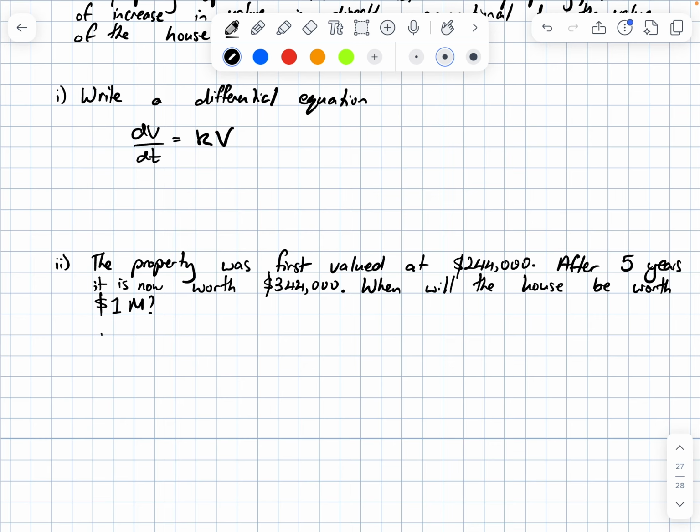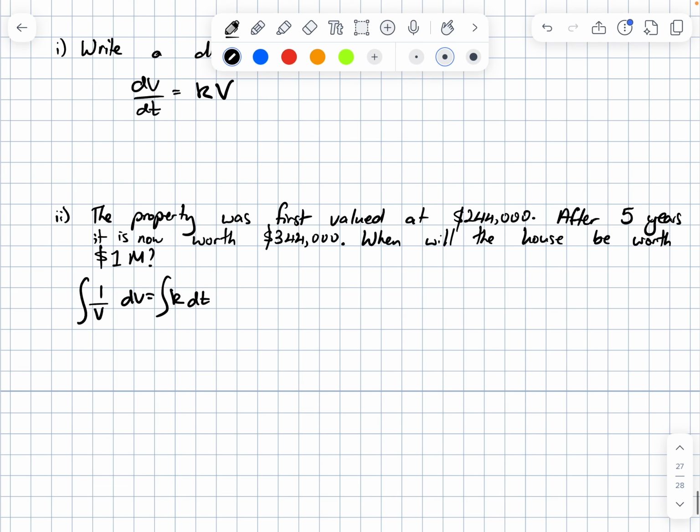Solving, we get divide by V, 1 over V dV equals k dt, and then integrate both sides. 1 over V integrates to ln V, and k integrates to kt plus our unknown, which means V equals e to the power of kt plus c. Now, once you've done enough of these questions, you don't actually have to write that line. You can go straight to A e to the power of kt.